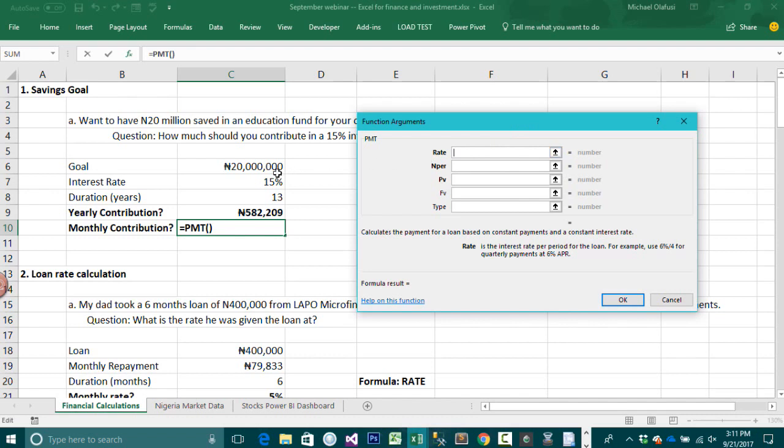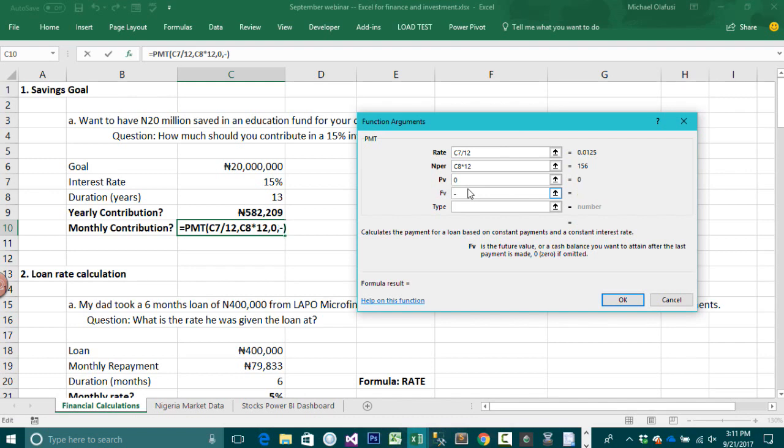So that will be this rate, which is the annual rate, divided by 12, because we have 12 months in a year. And for the period, again, it's going to be 13 years, but times 12 months, because we have 12 months in a year. And as usual, you've not saved anything yet, so present value 0. And what is the final amount you want to have at the end of the whole period? The future value.